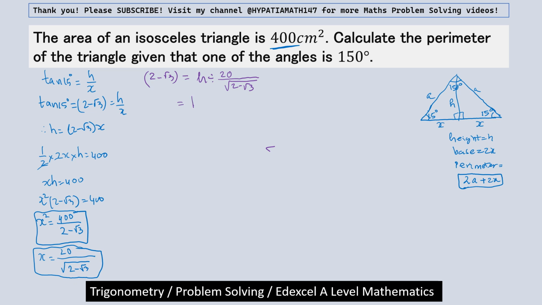So that equals h multiplied by 2 minus root 3 out of 20. So h equals 20 multiplied by 2 minus root 3 divided by the square root of 2 minus root 3. So you see we can simplify it a little bit, surprisingly. So we can get 20 times the square root of 2 minus root 3, and that is what the height is.